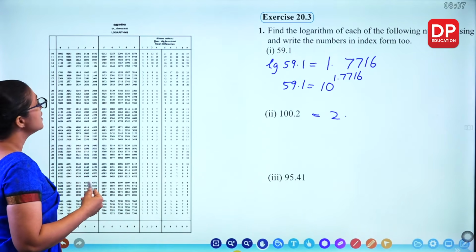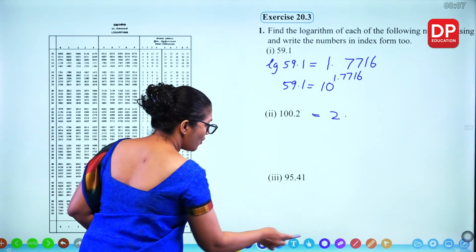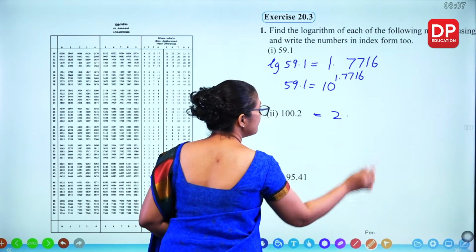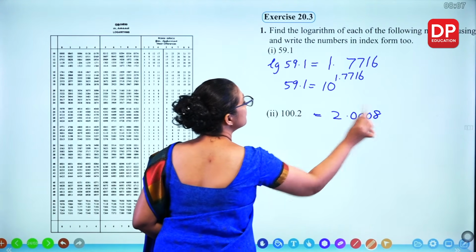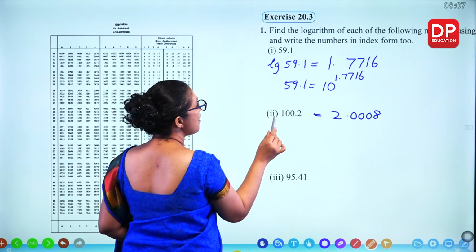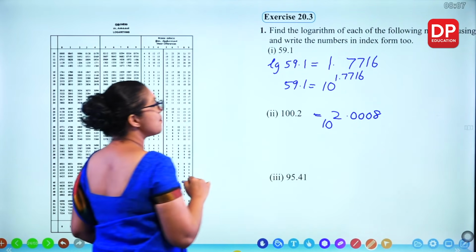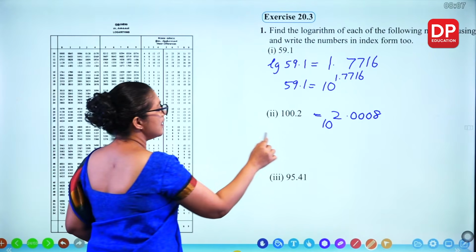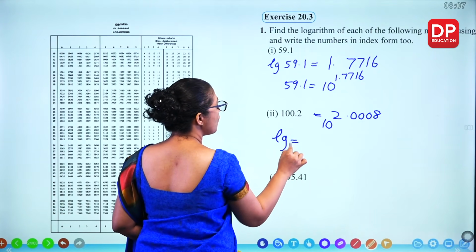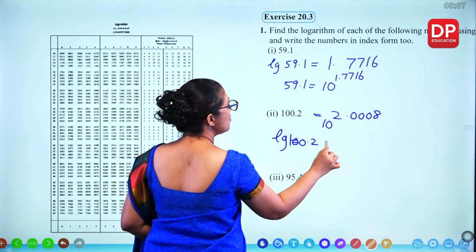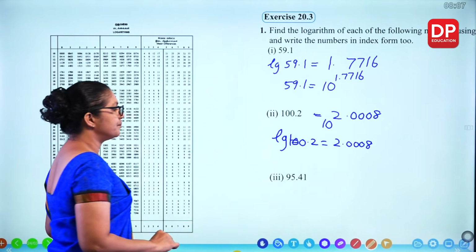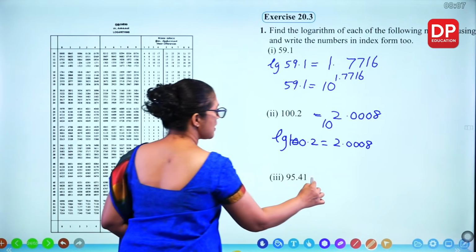So what's the number? 0008. Then LG of 100.2 is 2.0008.